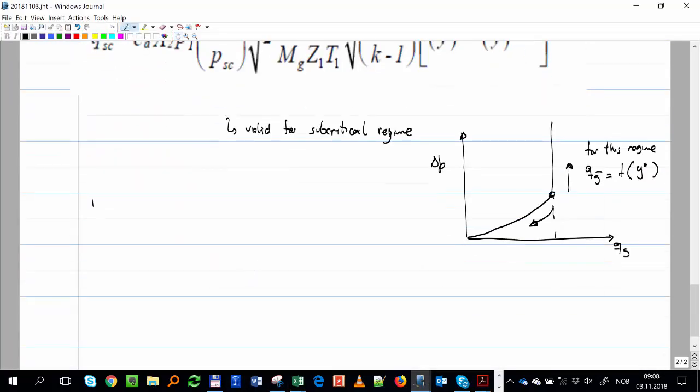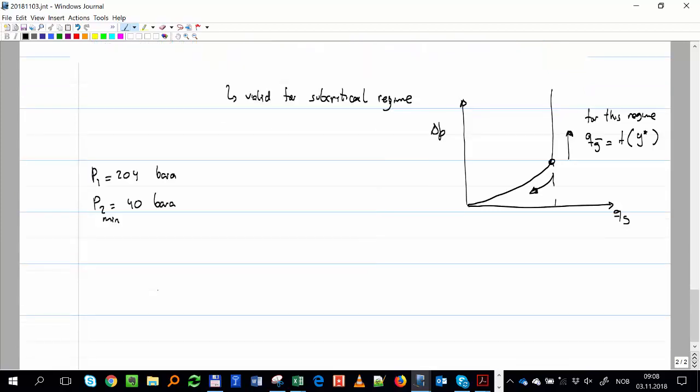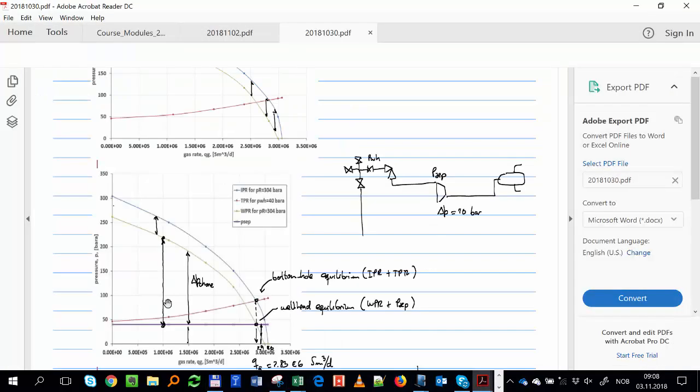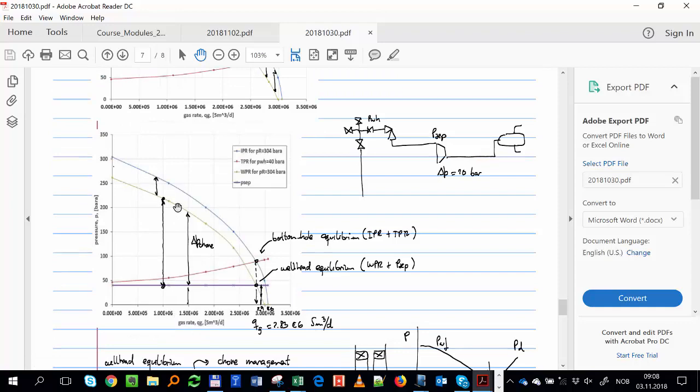So P1 will be 204 bar. P2 will be minimum, will be 40 bar. And the rate that I want, desired, according to this plot, is like 1.25.